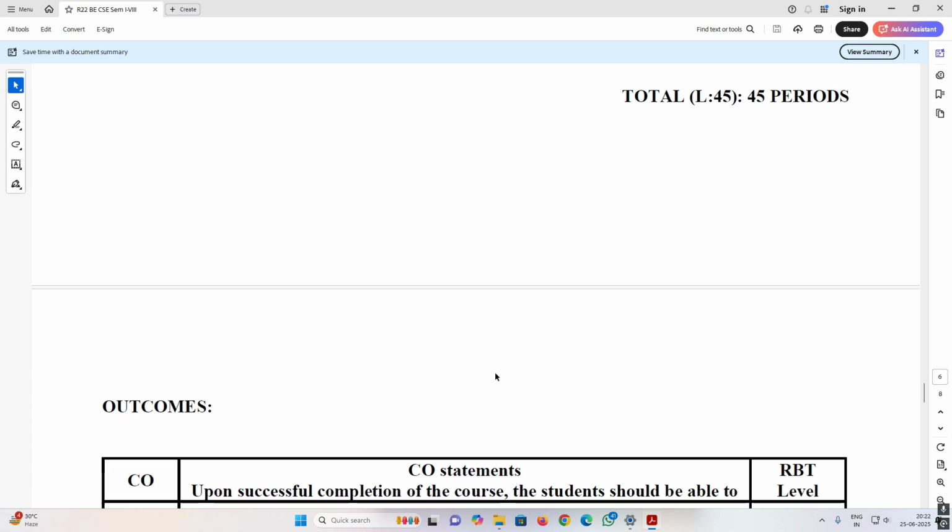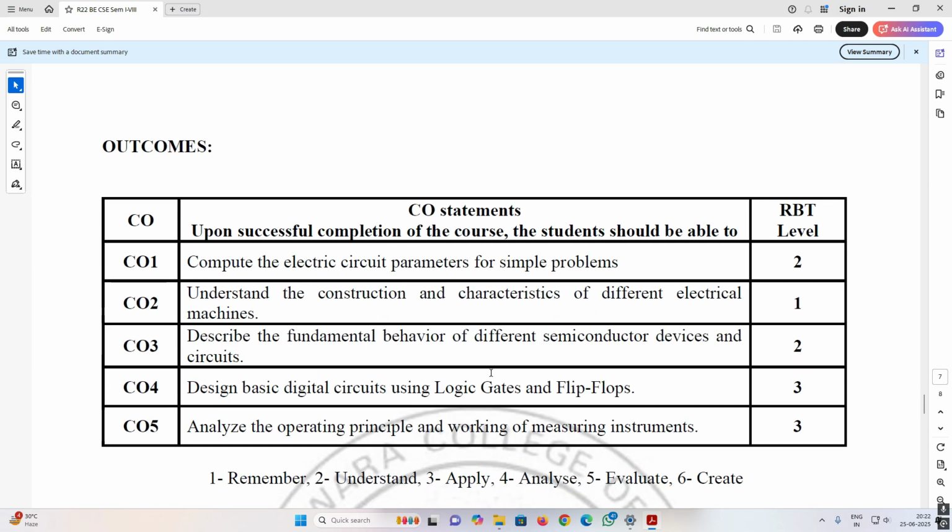So the outcome, suppose you complete this course, what you can do. Okay, so these are called COs or course outcomes. So we have 5 course outcomes. Course outcome 1 is compute the electric circuit parameters for simple problems. CO2 is understand the construction and characteristics of different electrical machines.